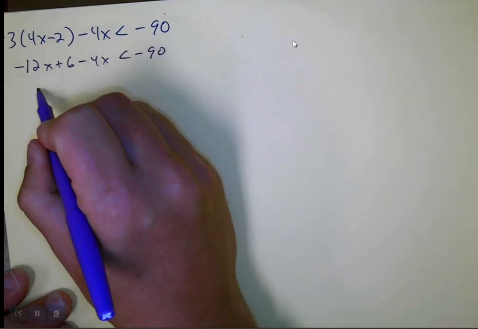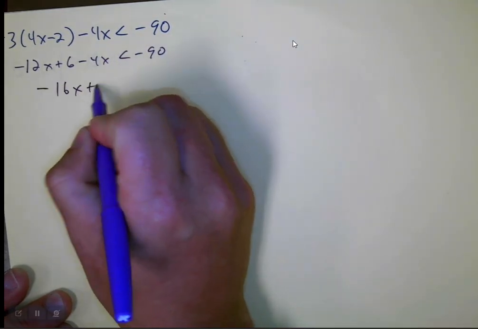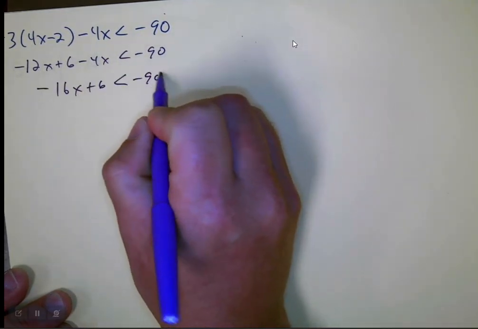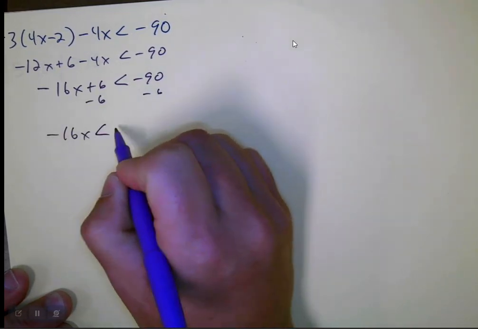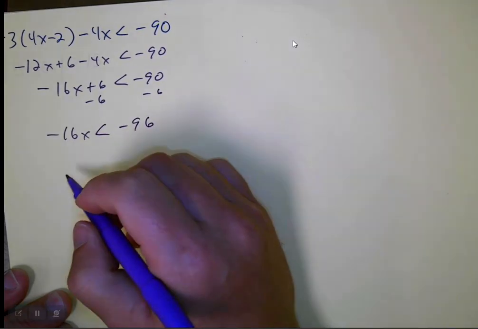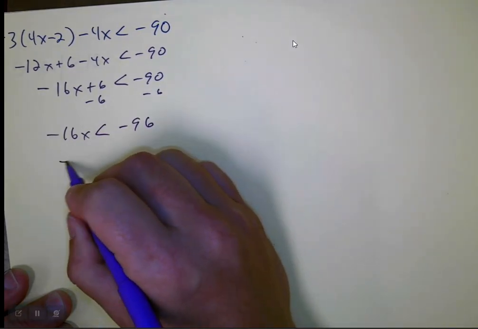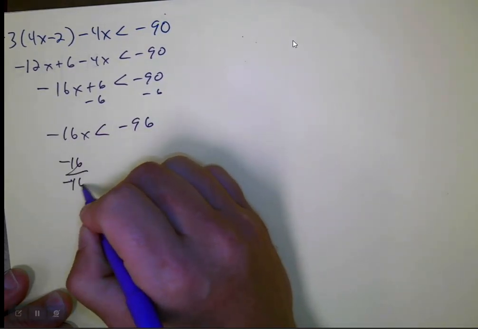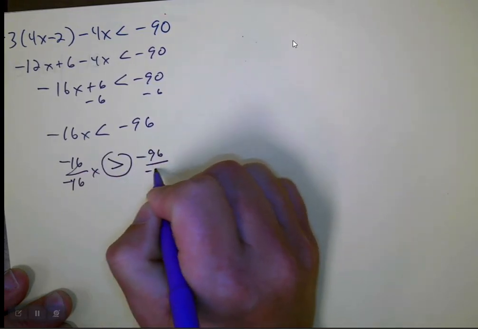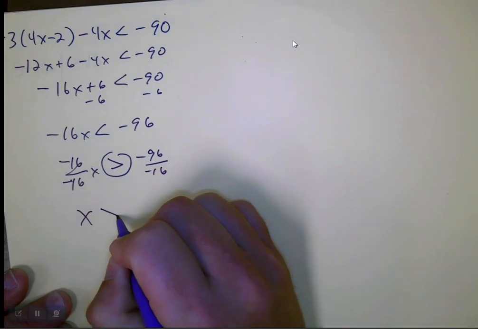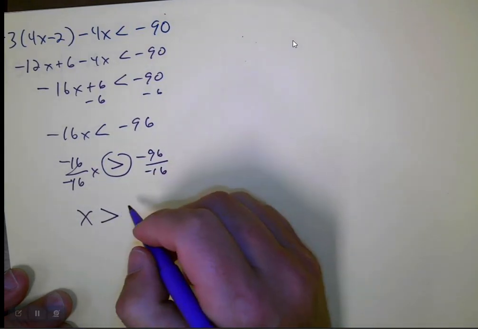So now you got negative 16x plus 6 is less than negative 90. We subtract 6, you get negative 16x is less than negative 96. And then we divide by negative 16. But what I do is I circle this. So x is greater than 6.